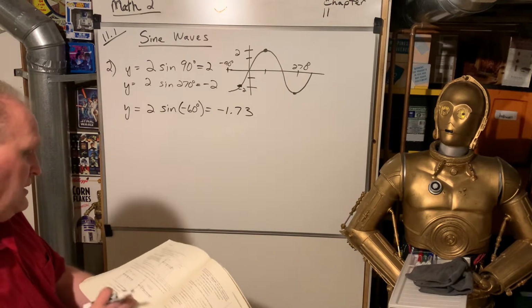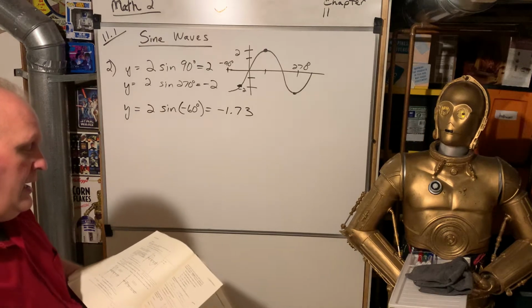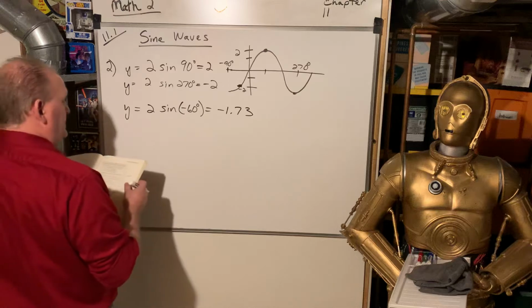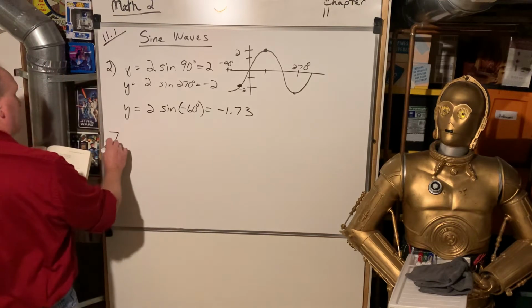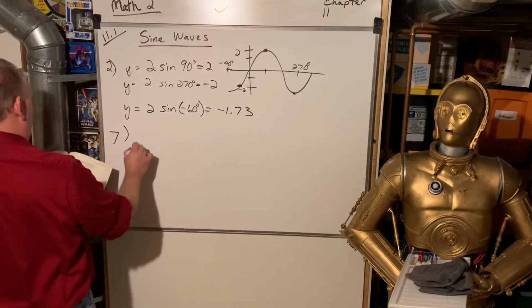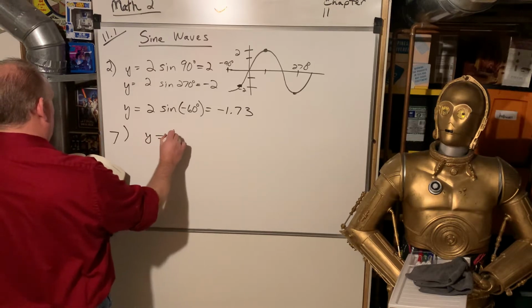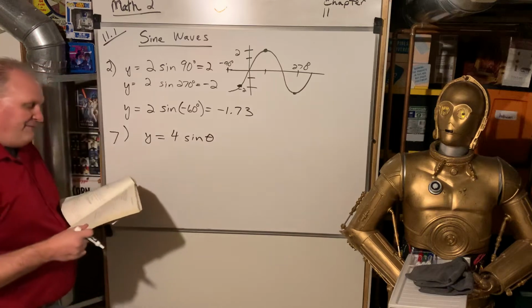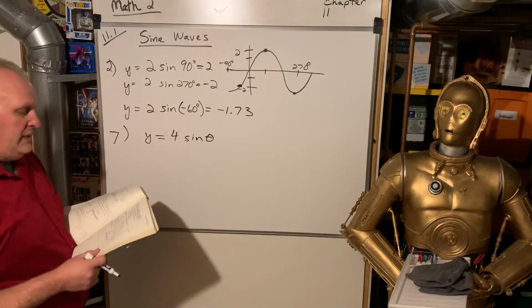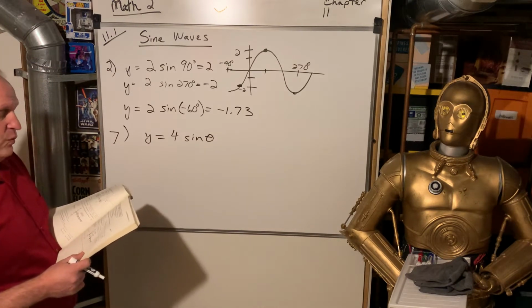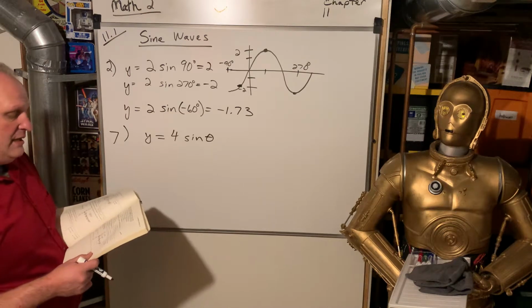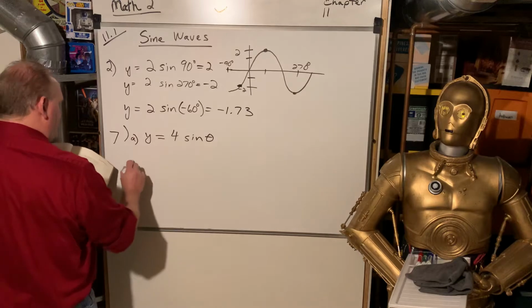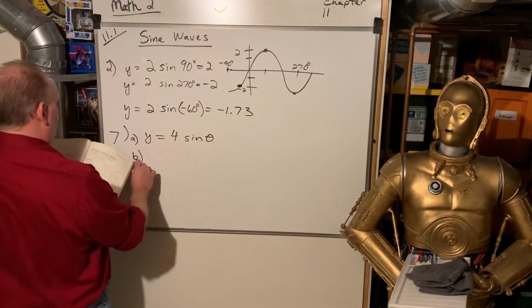So let's take a look at number 7 on page 477. So still in 11.1. Number 7, they want me to find y equals 4 sine theta. If the following equations are graphed, what would the amplitude be for each one? Okay, and so this turns out to be a pretty easy question.